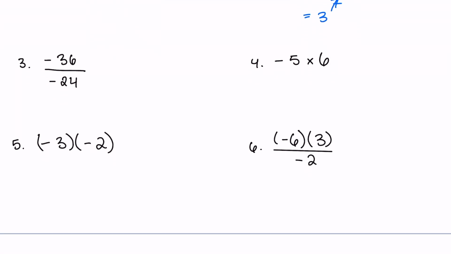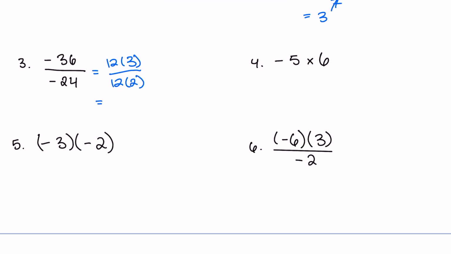For our next question, we have a negative sign in both the numerator and the denominator, and since these are the same sign, we know our quotient is going to be positive. 36 and 24 are both multiples of 12, so we can rewrite the numerator and the denominator like 12 times 3 divided by 12 times 2.